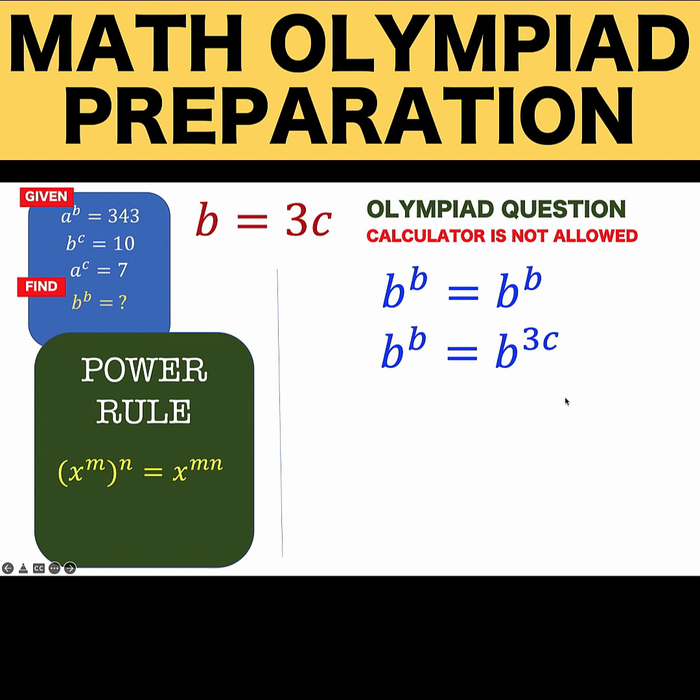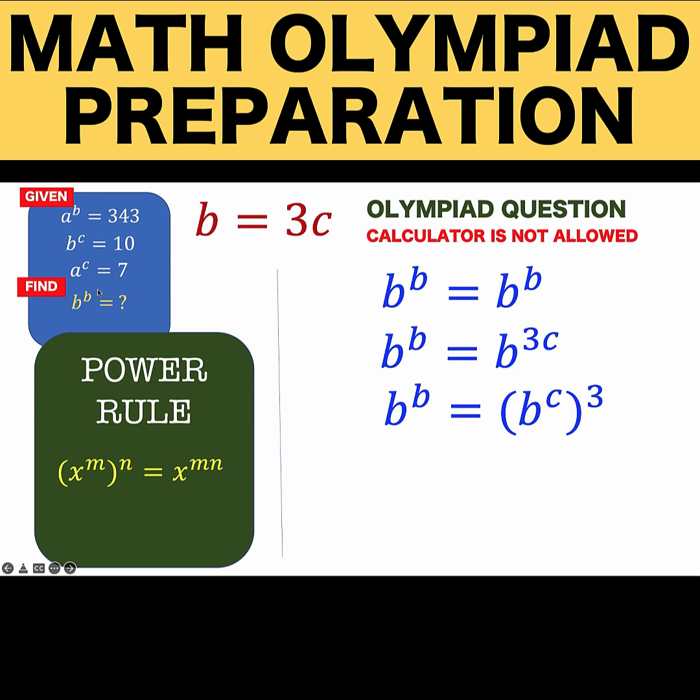And by commutative property of multiplication, it doesn't matter whether 3 comes first or c comes first. And so, this right side can be rewritten as the quantity b raised to c all raised to the third. And to check if this is correct, by applying the power rule, we still get b raised to 3c when this form is simplified.